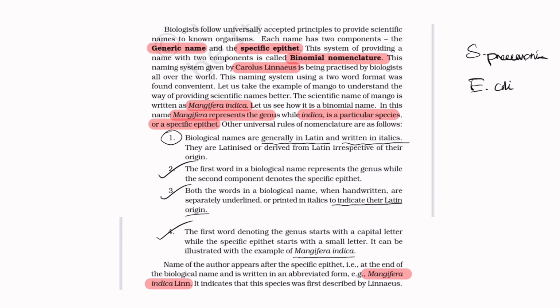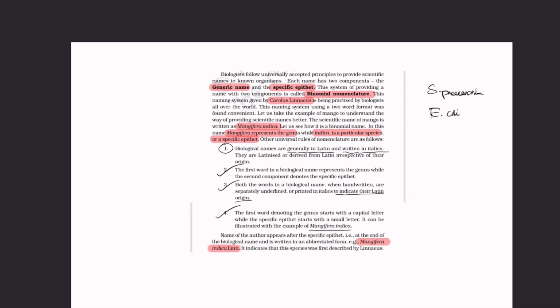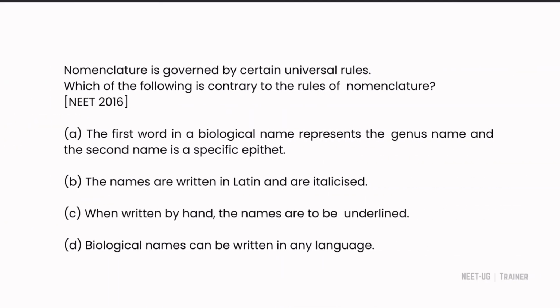Now that you have understood how scientific names are written and why they matter, here's a quick question for you which was given in NEET 2016. Nomenclature is governed by certain universal rules. Which of the following is contrary to the rules of the nomenclature? Option one, the first word in a biological name represents the genus name, and the second name is a specific epithet.